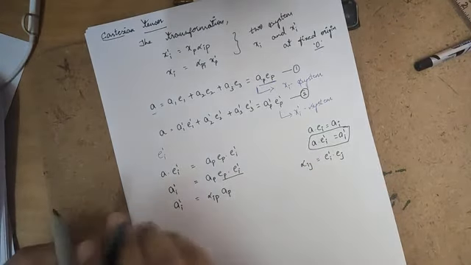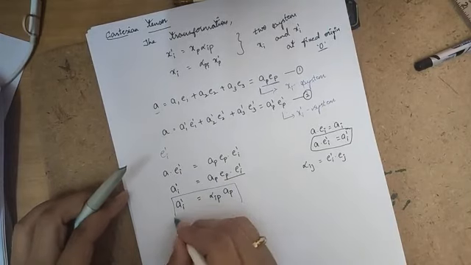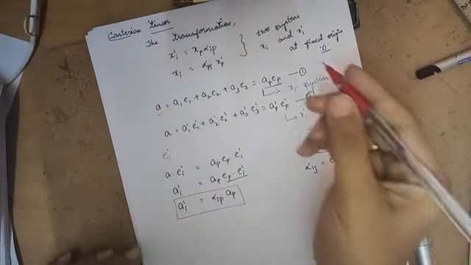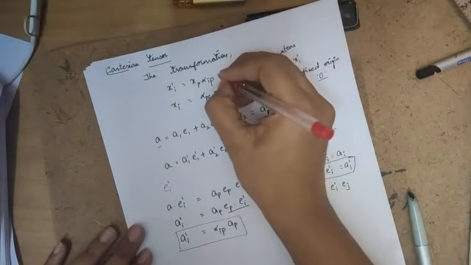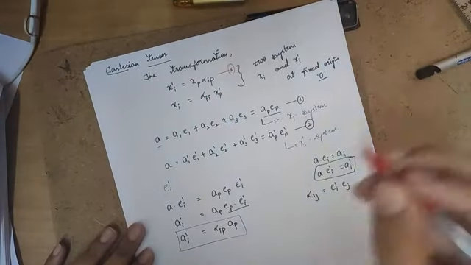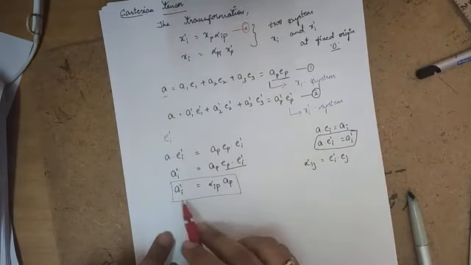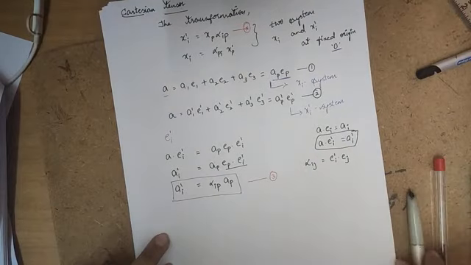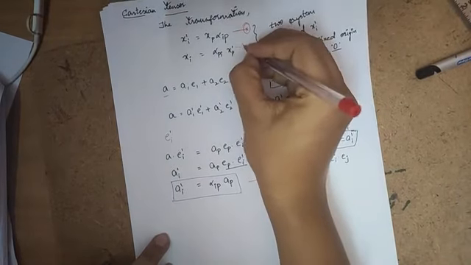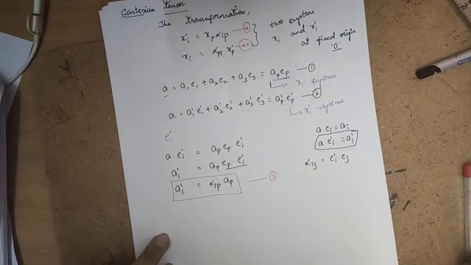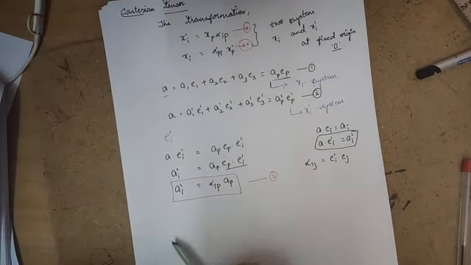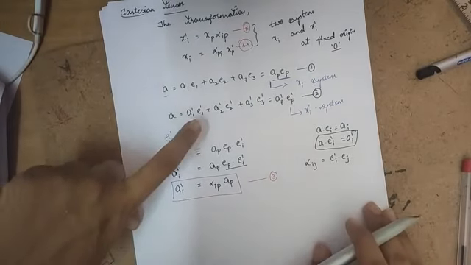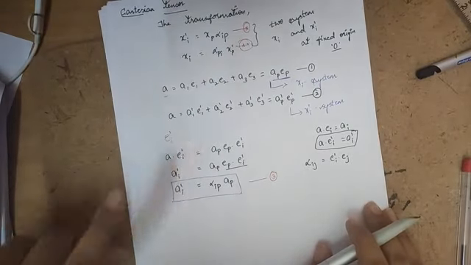So you can observe here, using this transformation, I got one more transformation rule. I will call this equation number 3. Similarly, for my equation 2, I will take scalar product with EI.